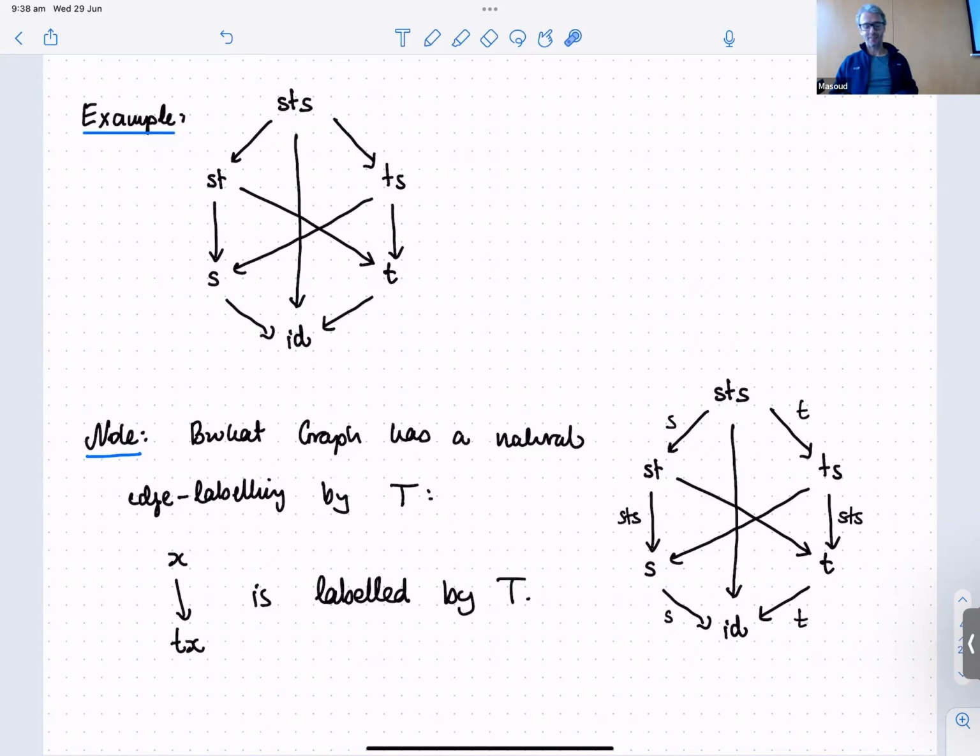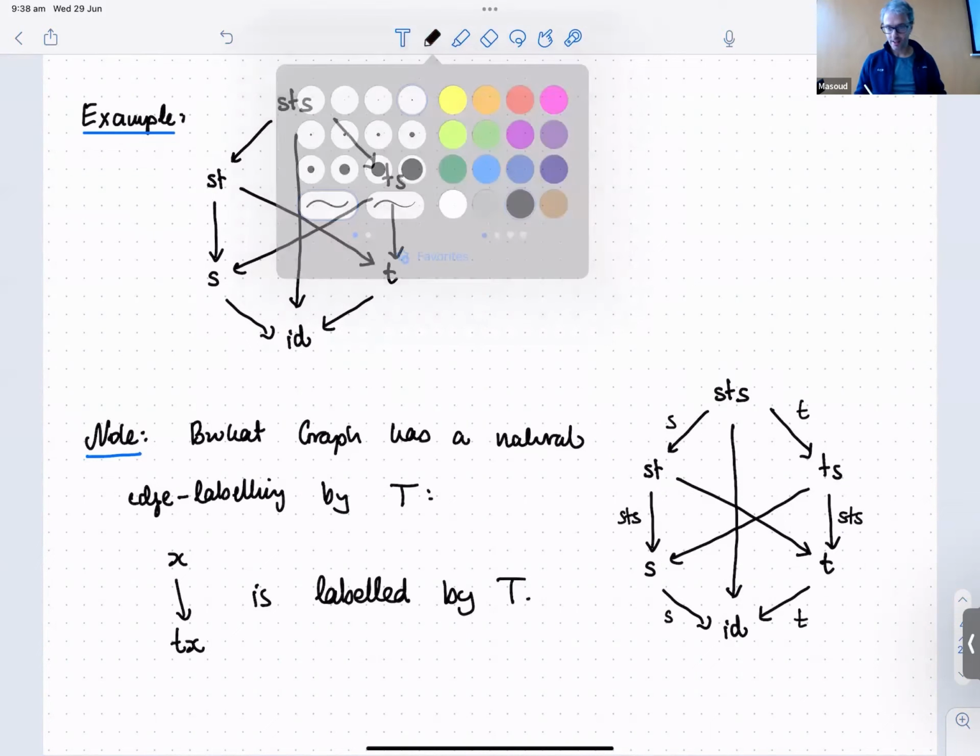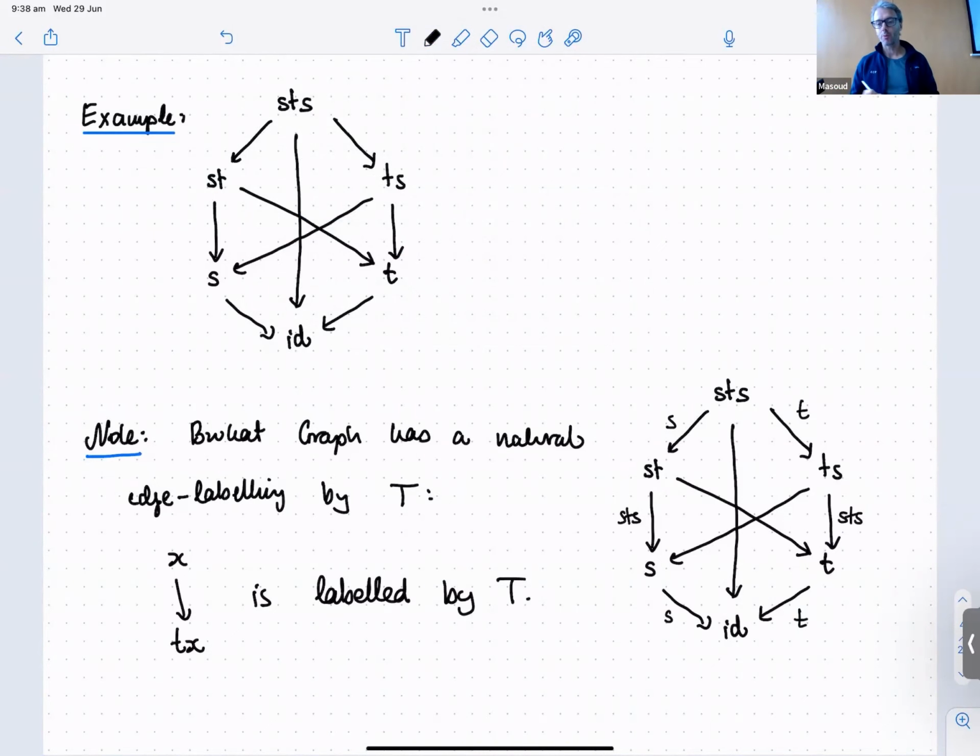And the reason is simple. So the question was, do we fix the left or right action? And maybe I can ask you why we don't. I would say not because of the reflection relation.